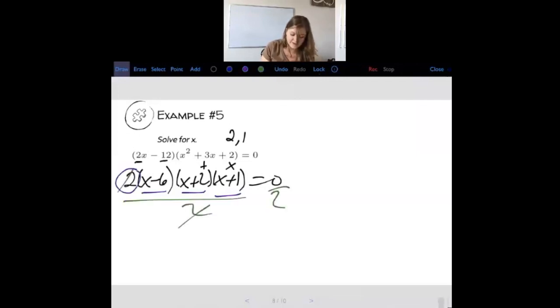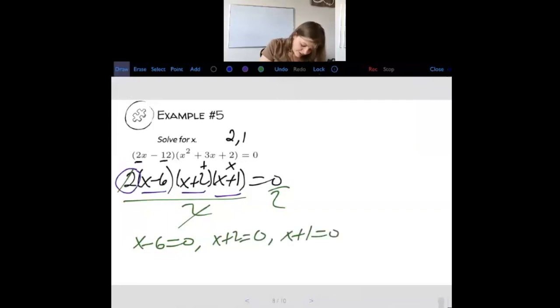Okay, 0 divided by 2 is still 0, and then you're left with your factors only. So we're setting x minus 6 equal to 0, x plus 2 equal to 0, and x plus 1 equal to 0, which would leave us with x equals 6, negative 2, negative 1.